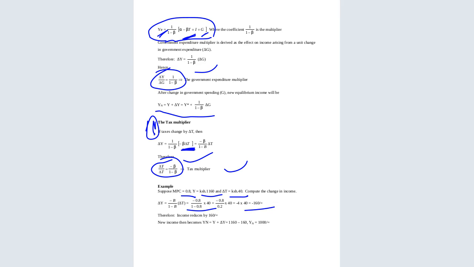If it is negative 160, it is telling you that the income will reduce by 160 as a result of a change in taxes, or an increase in taxes. So your new income will be the old income plus the change in income, which is now 1160 minus 160, which is 1000.